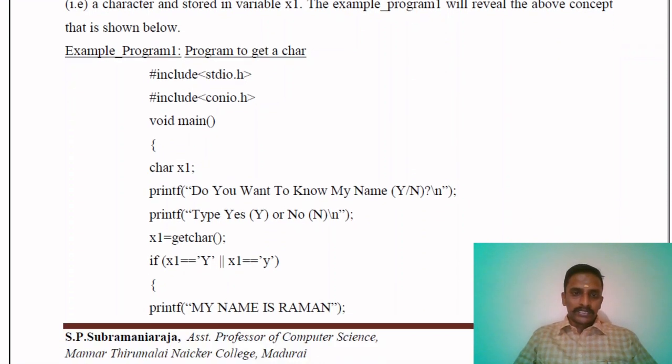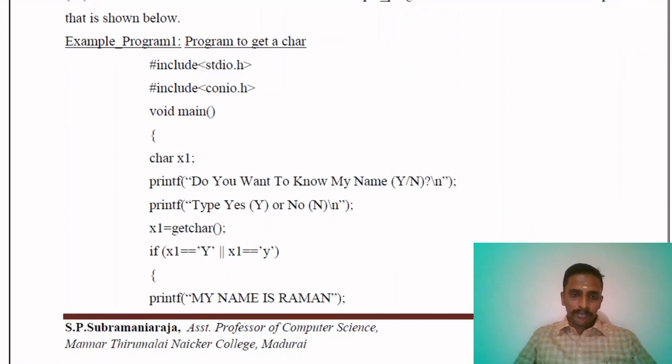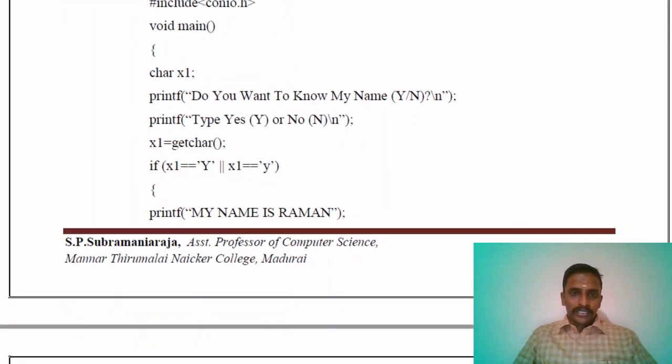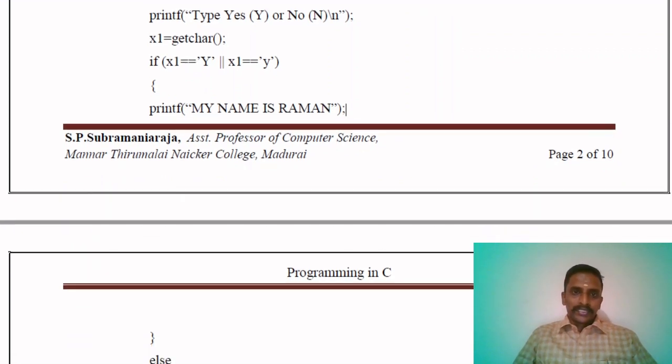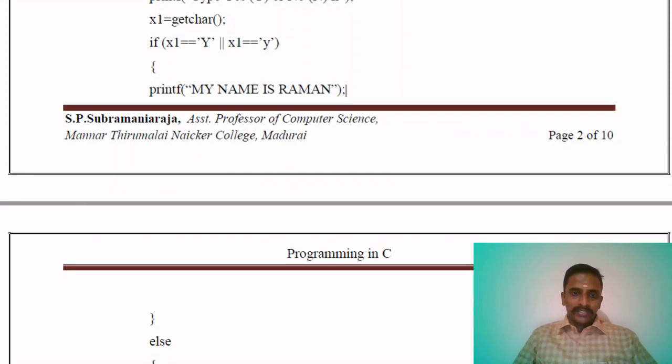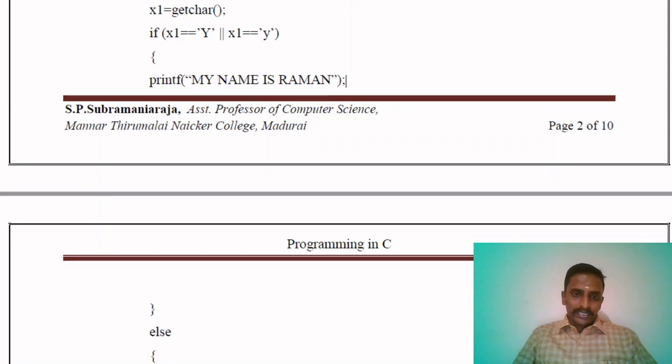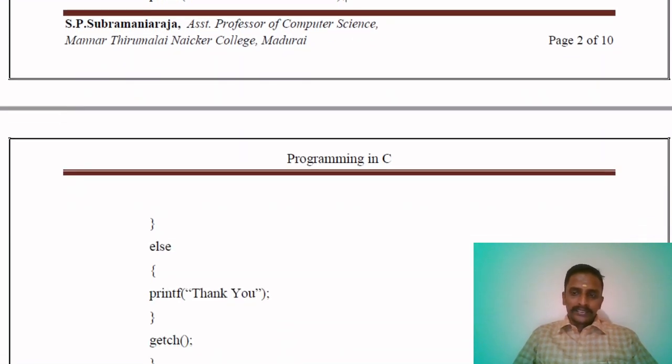Next, the if statement is used to check whether the variable x1 has y or capital Y or n or capital N. If x1 is capital Y or small y, "my name is Raman" will be printed on the screen. If not, "thank you" will be printed on the screen.